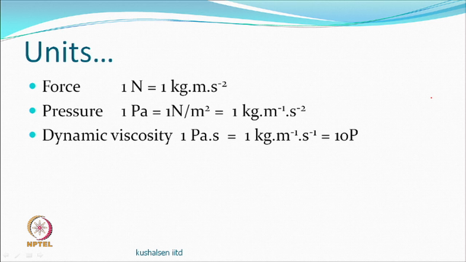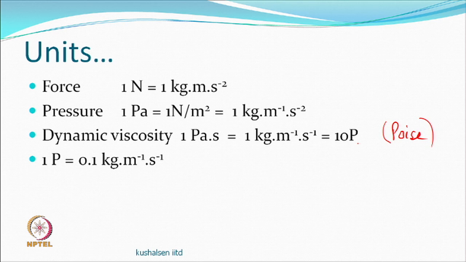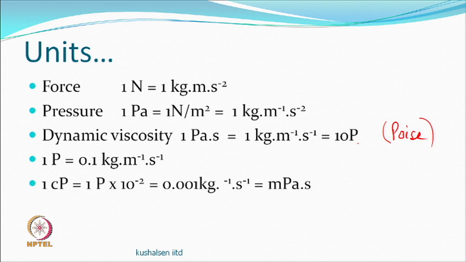Incidentally, this unit Pascal second of dynamic viscosity is also expressed in terms of poise. So, 1 poise is 0.1 kg per meter per second, and then 1 centipoise obviously is 1 poise times 10 raised to minus 2, which is 0.001 kg per meter per second, or millipascal second, all right.